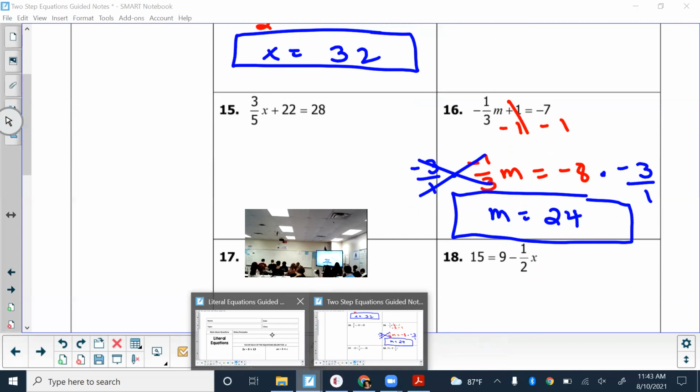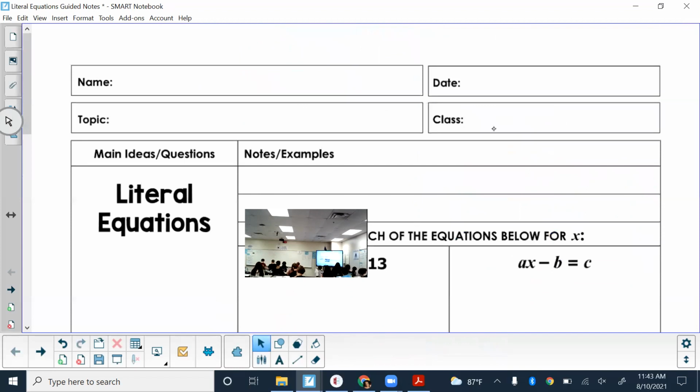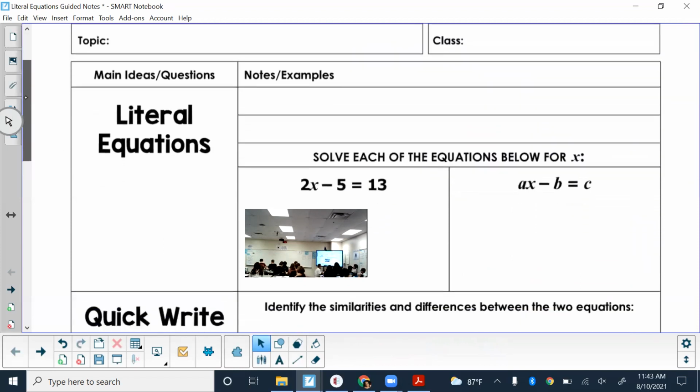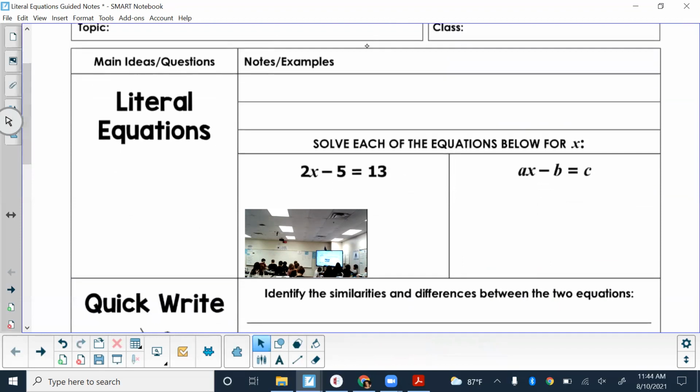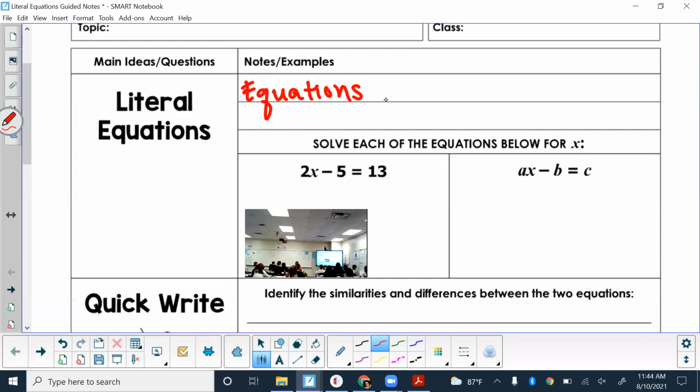Now have this paper in front of you. This is a paper that was on the back table. So literal equations, you're probably like, what is that? I've never heard about that before.